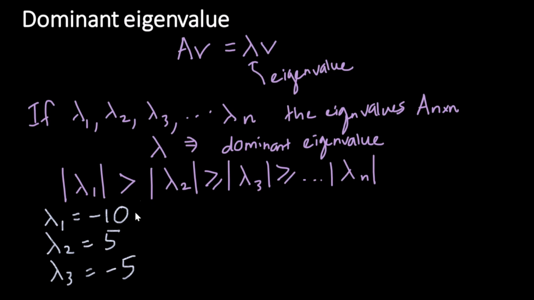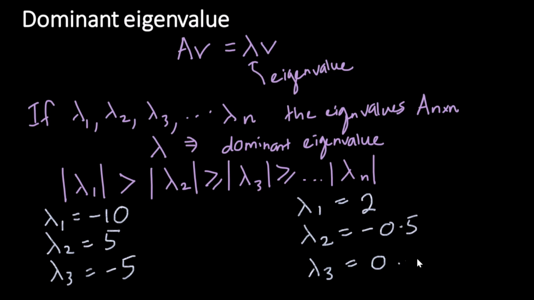So the absolute value of negative 10, which is 10, is greater than 5 and 5. Another example could be lambda 1 equal to 2, lambda 2 taking the value of negative 0.5, and lambda 3 taking the value of 0.05.